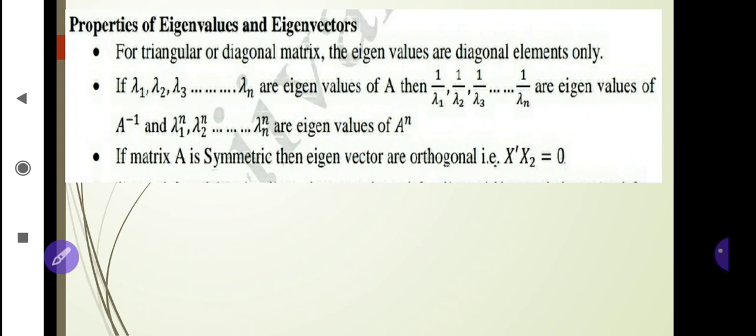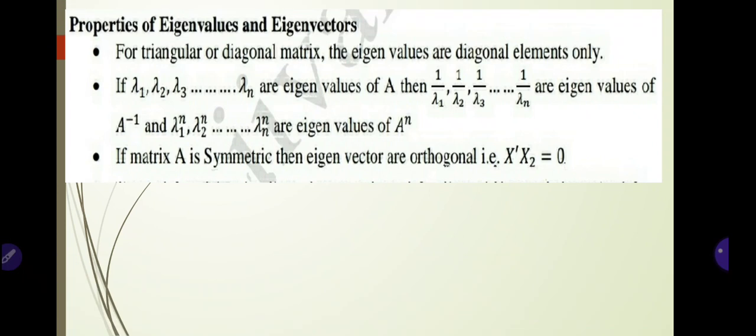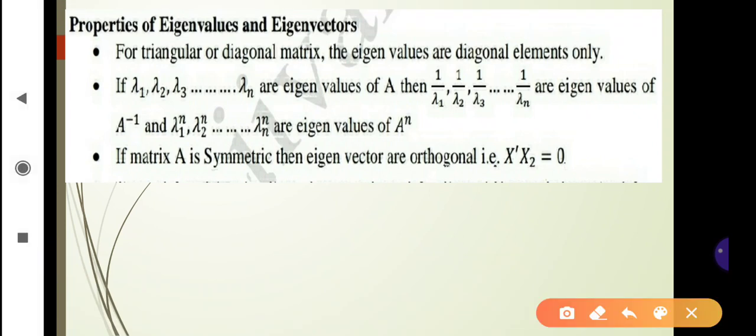Then if lambda 1, lambda 2, lambda 3, up to lambda n are the eigenvalues of A, then 1 upon lambda 1, 1 upon lambda 2, 1 upon lambda 3 are the eigenvalues of A inverse, and lambda 1 raised to n, lambda 2 raised to n, up to lambda n raised to n are the eigenvalues of A raised to n.